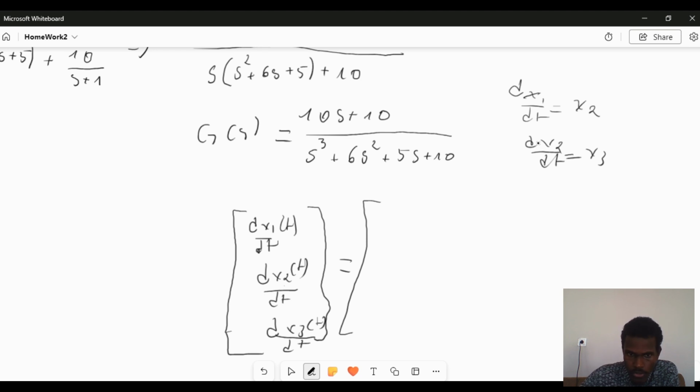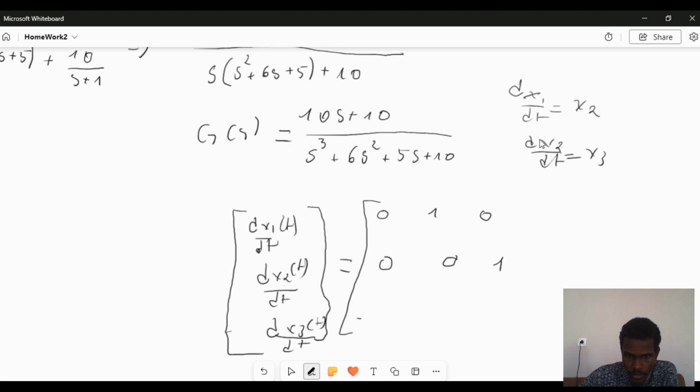In the first row we have 0 in x1, 1 in x2, and 0 in x3. In the second row we have 0 in x1 and 0 in x2, but 1 in x3.